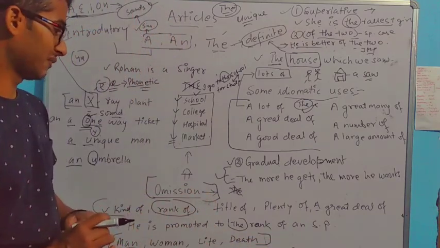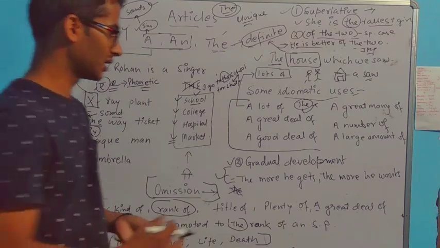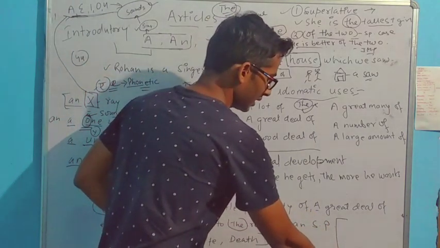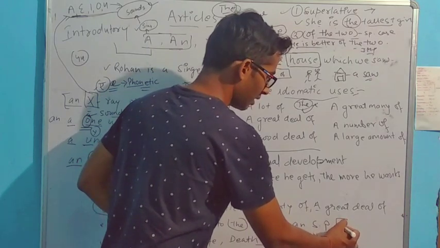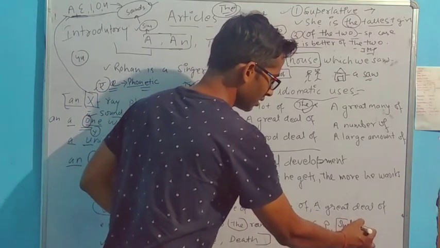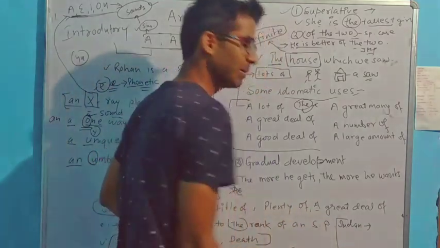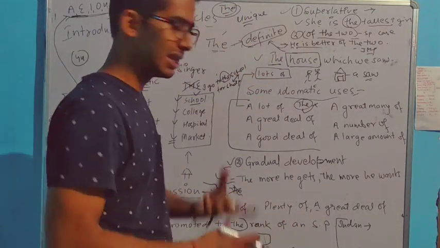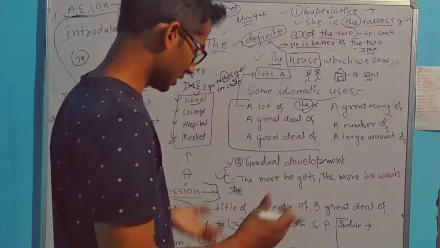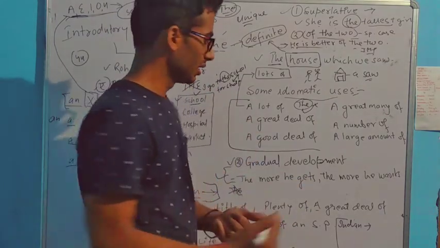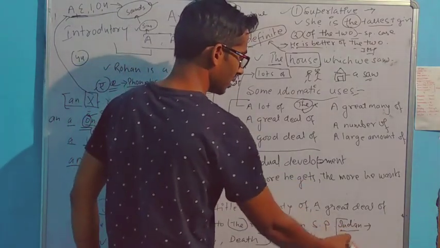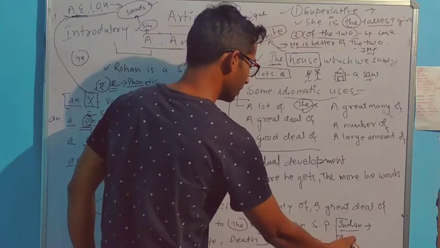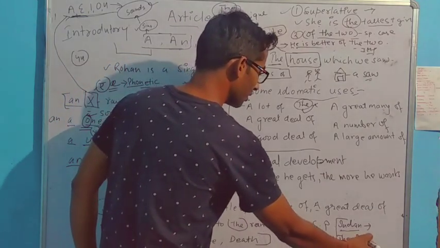Next, I just forgot to tell you, like we can say Indian, or you can say American, or any country you are from. So you can take examples. You will say Indian, and what is the difference between Indian and the Indian?